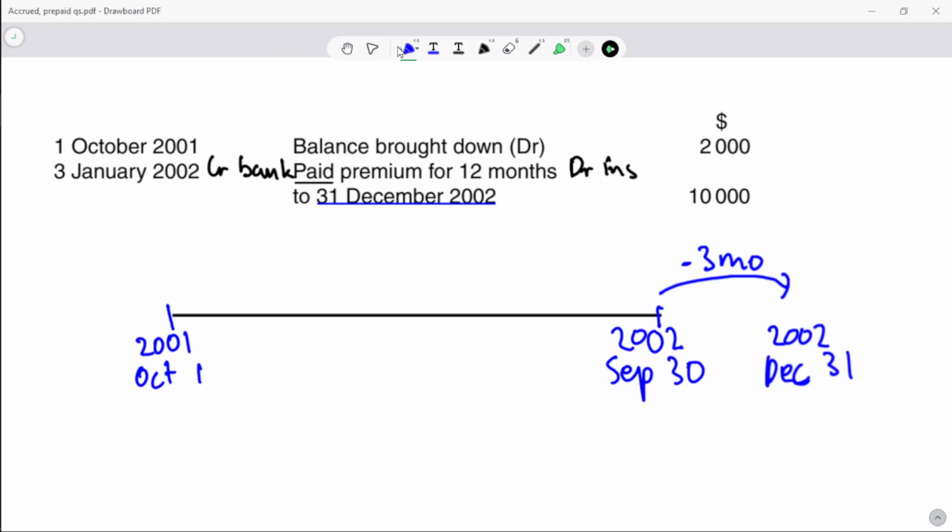Now let's do the ratio. The 12 months is 10,000. So 3 months will be 3,000. Put 3,000 here. I also put 3,000 here.